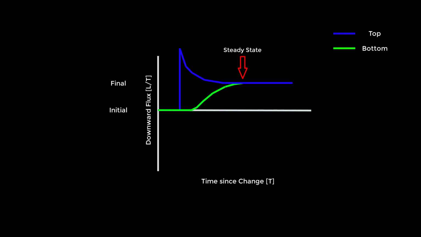It also represents the time that the inflow and outflow are the same at every point in the column, and that there is no longer any change in storage with time in the column from the flow equation. And that area between the curves, even though it has a different shape, still represents the change in storage. And because we have the same initial and final conditions, it must be exactly the same amount of storage change.